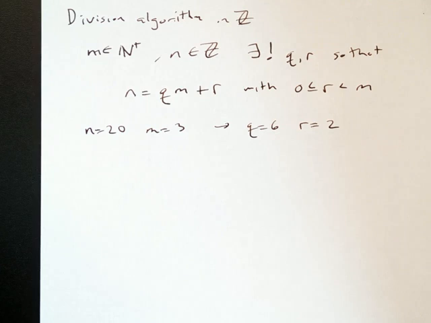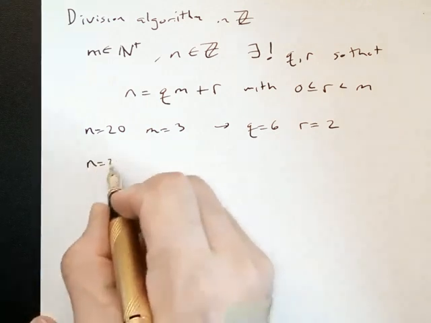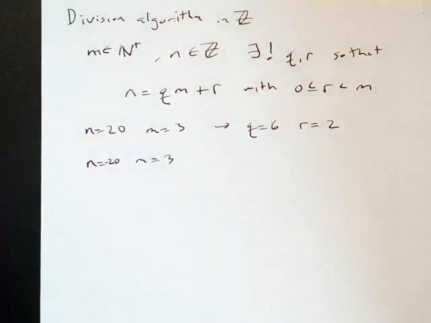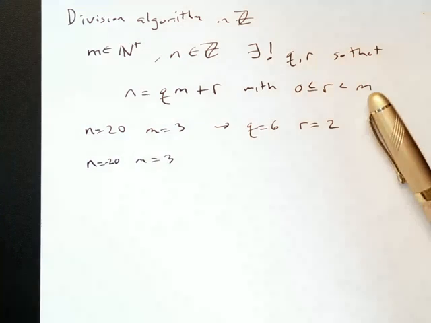What if I did negative 20? What's the quotient and remainder for negative 20 divided by 3? Negative 7 and a remainder of 1. Aha.